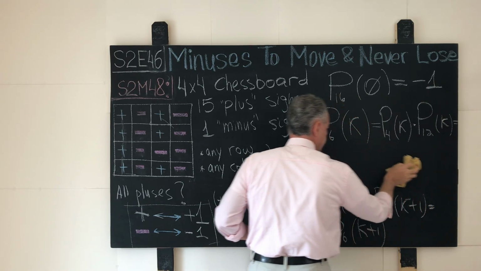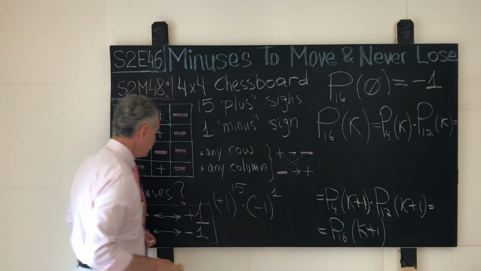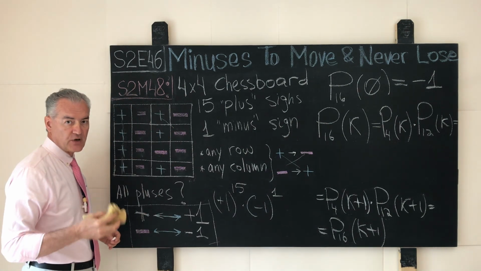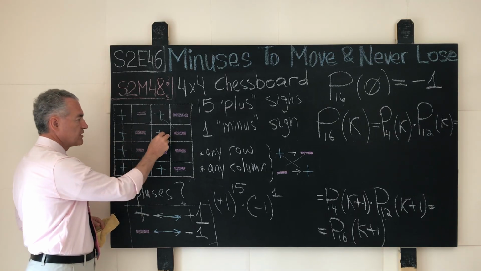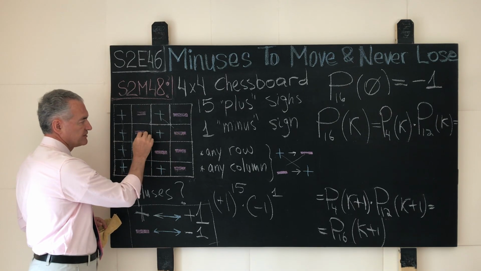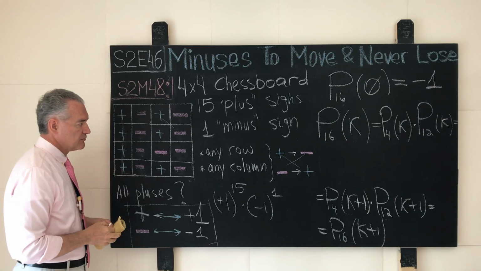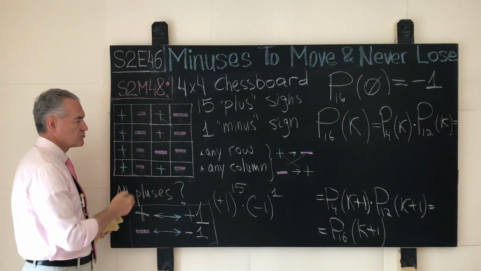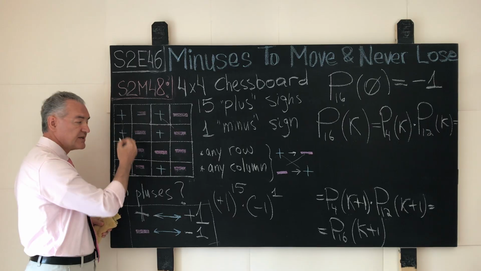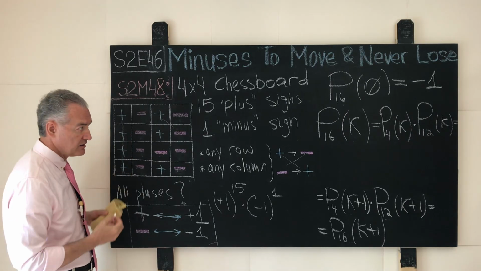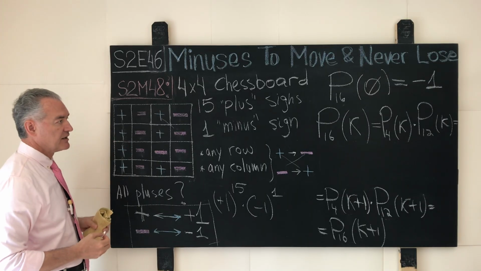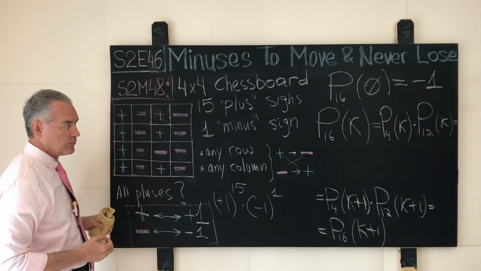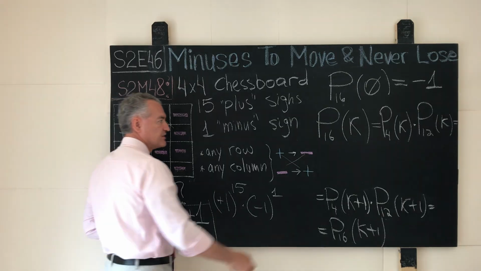Lastly, let us assume that at the moment of time t equals k, we decided to act on a row or a column that has precisely 2 plus signs and 2 minus signs in it. And then, once that decision has been made, whatever the product of all 16 plus 1s and -1s on the 4x4 board is, we designate it with p16 times k.